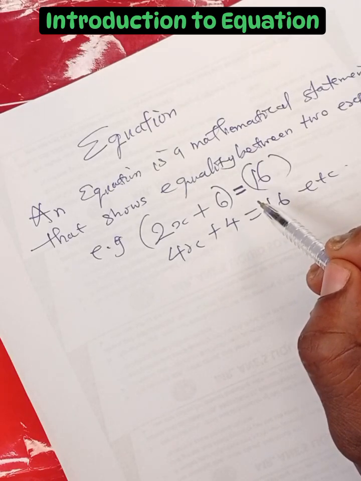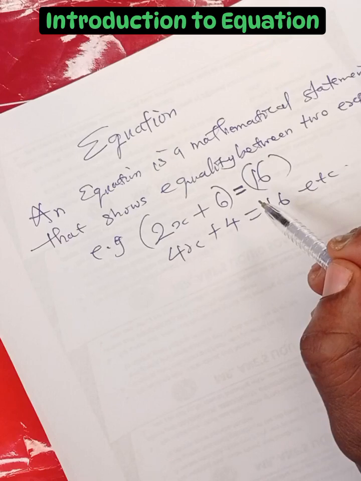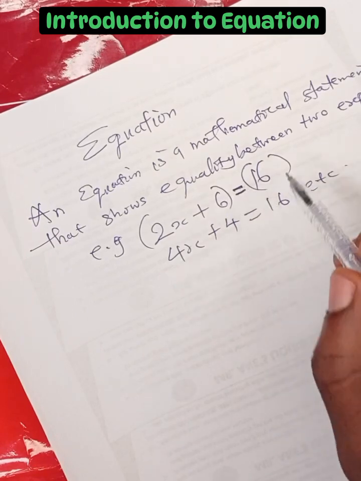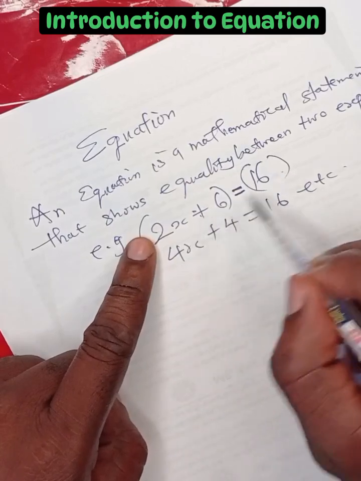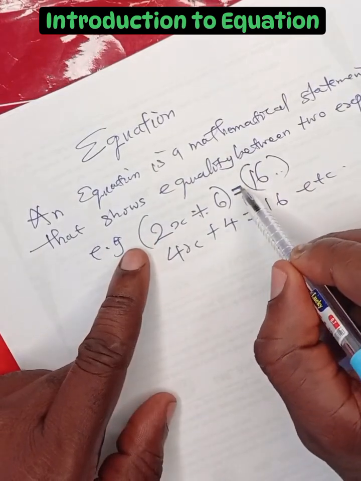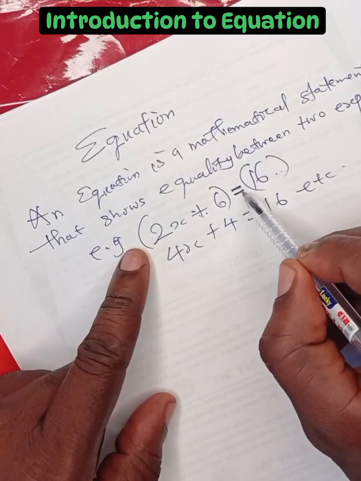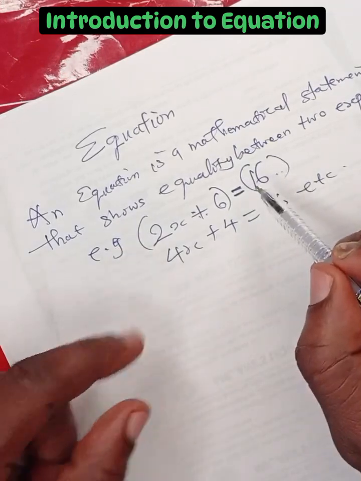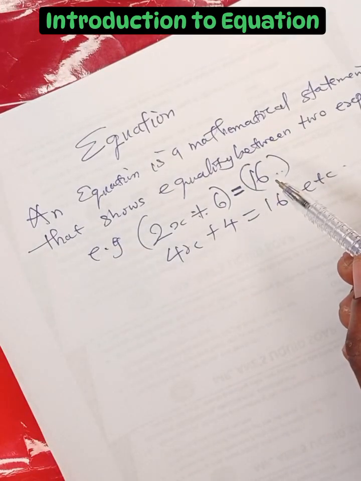Listen again to the definition. I said an equation is a mathematical statement that shows equality between two expressions. So these are the two expressions, this one and this one. So the equality sign is what makes them become an equation.